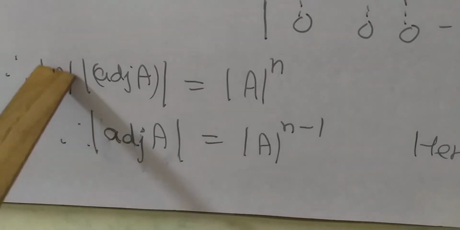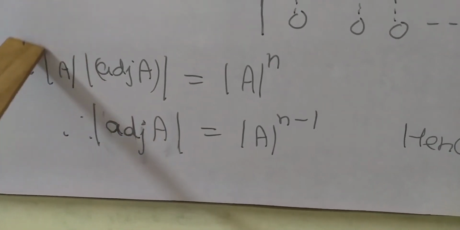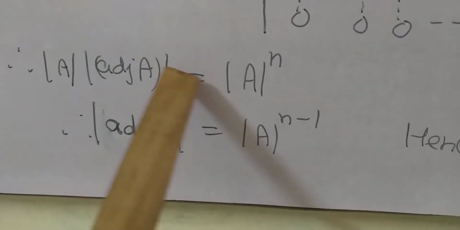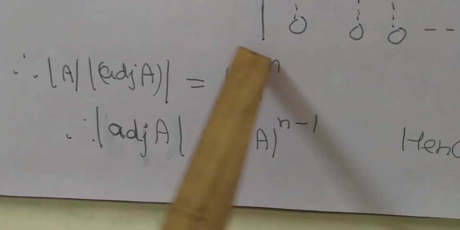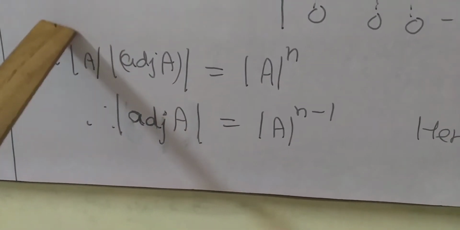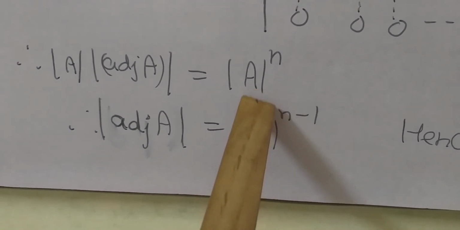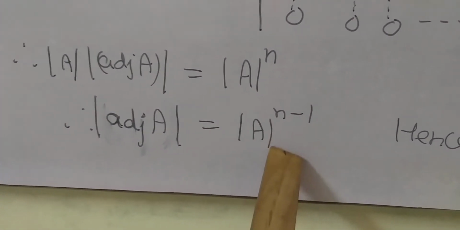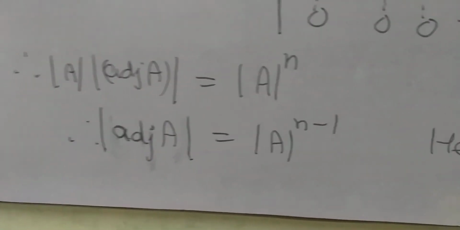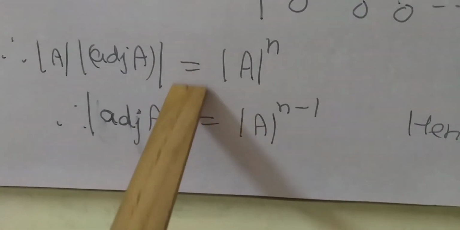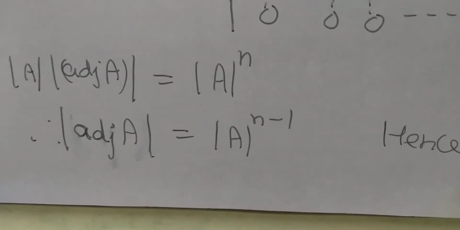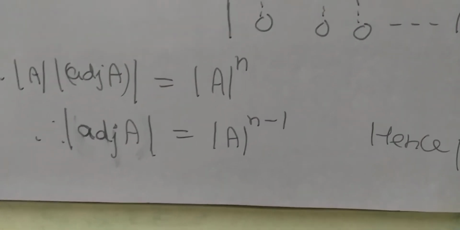So this side has determinant of A 1 time, this side determinant of A n times. So determinant of A will go to the denominator, students. Then what is left? Determinant of A to the power n minus 1. So determinant of adjoint A equals determinant of A to the power n minus 1.